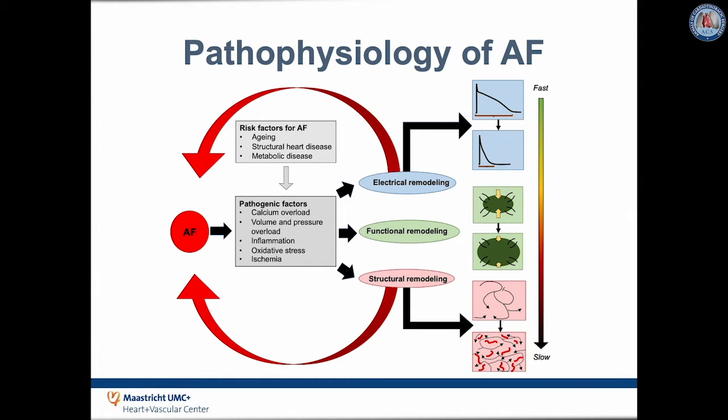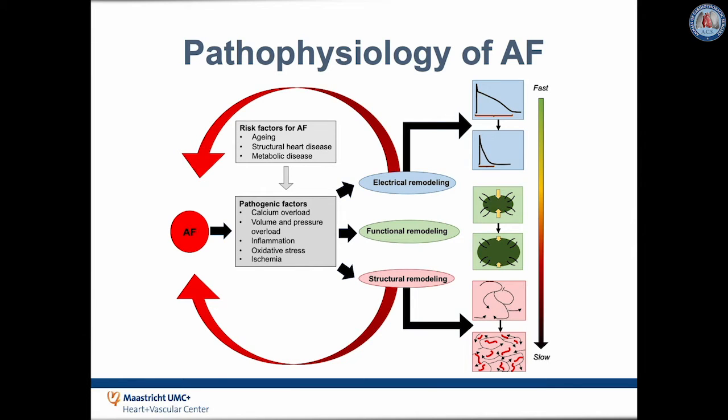Secondly, there is functional remodeling due to the degradation of contractile proteins, and this increases the thromboembolic risk. These first two remodeling processes occur relatively fast and are to a certain extent reversible.